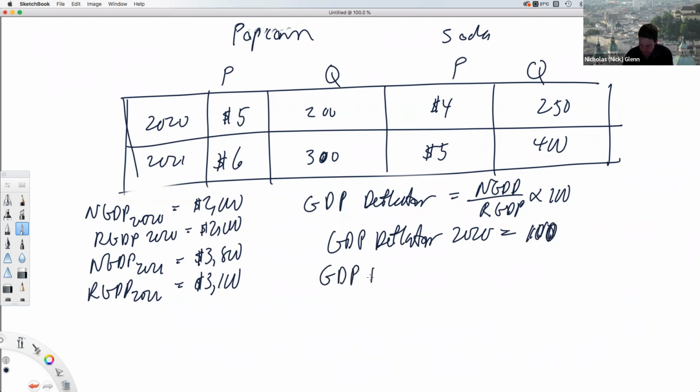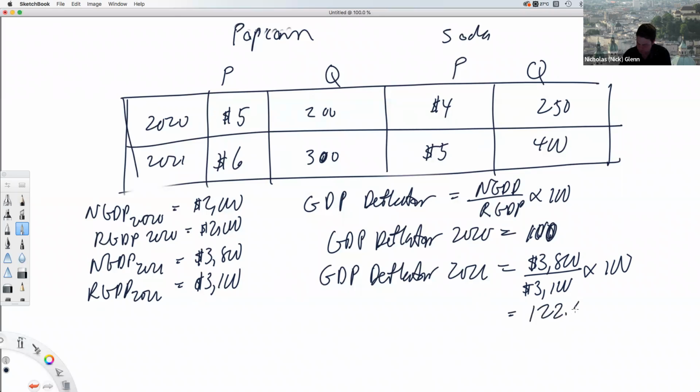What about 2021 though? Well, we need to use our nominal GDP, 3,800, over real GDP, 3,100, multiplied by 100. And when you do that, what you'll get is 122.58.